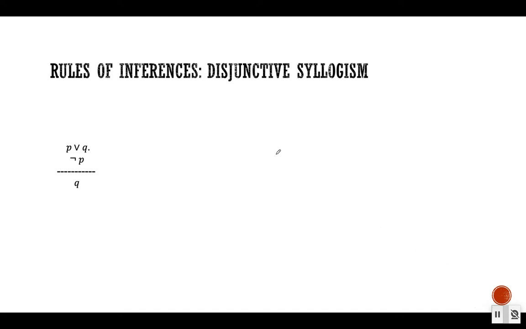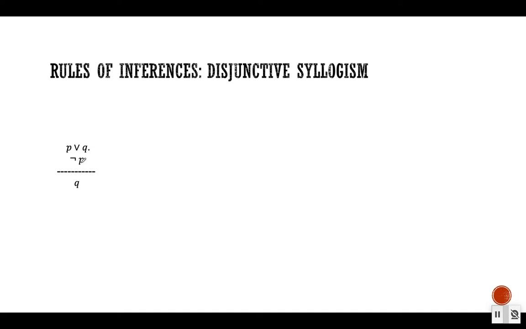So another rule of inference is disjunctive syllogism. So here you know that P or Q, and not P. So if P or Q is true, that means either P is true or Q is true. Any one of them is going to be true.